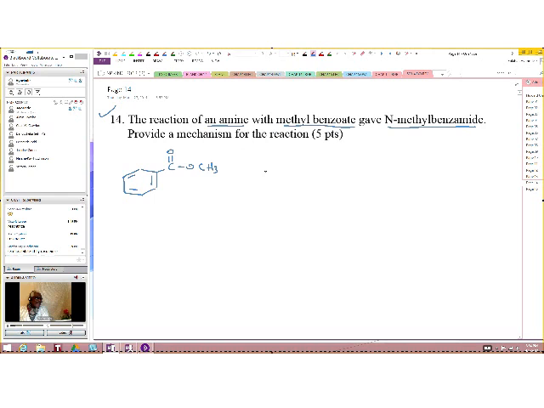Now they say that the amine, whatever that amine is, gave this here, N-methylbenzamide. N-methyl, in other words, methyl is attached to this nitrogen here. So this is N-methylbenzamide. So therefore, they now say provide a mechanism for this reaction.